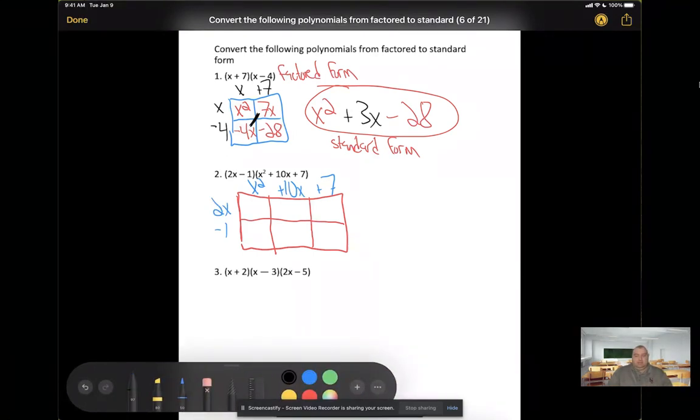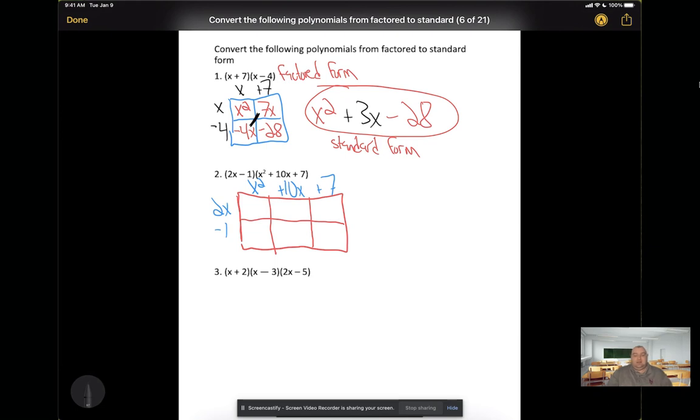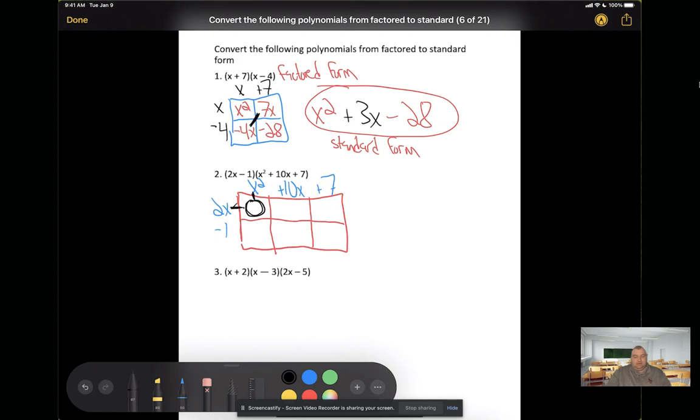And now I'm literally going to do the same thing. So to fill in this box, I'm going to multiply this times this. So 2x times x squared. Whenever I'm multiplying with variables, I always add the exponents.